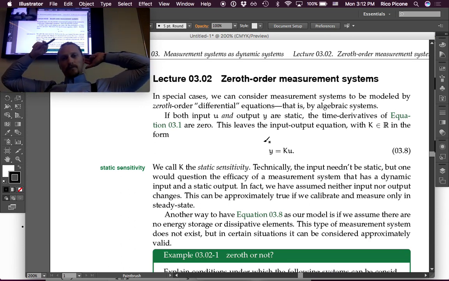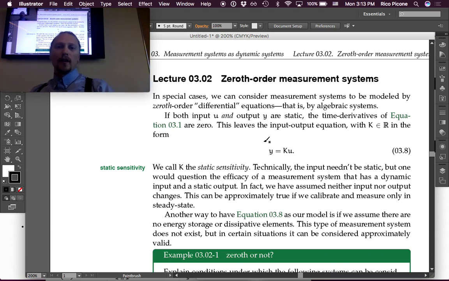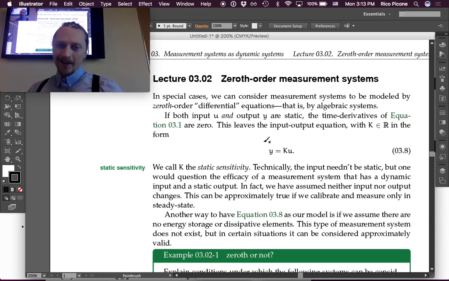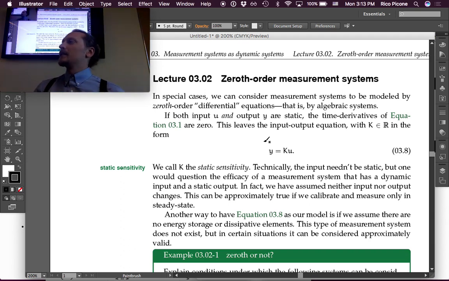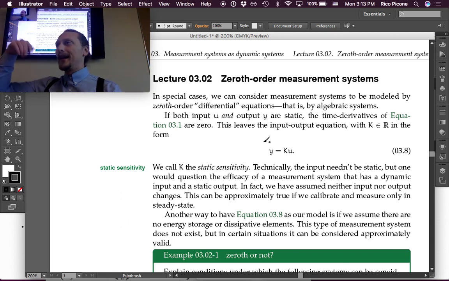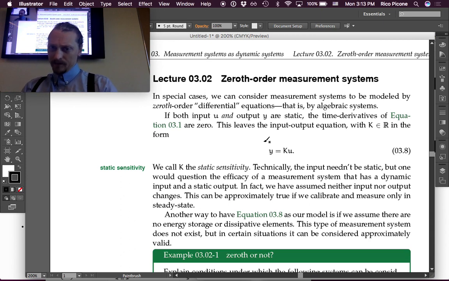So, zeroth order measurement systems. In special cases, we can consider measurement systems to be modeled by zeroth order, air quotes here, differential equations. That is, algebraic systems. If both input u and output y are static, the time derivatives of equation 3.1, which is the input-output ordinary differential equation with all those derivatives on the input and all those derivatives on the output, remember that?